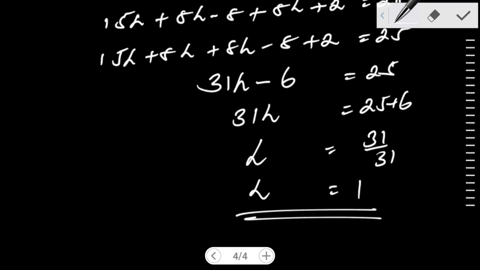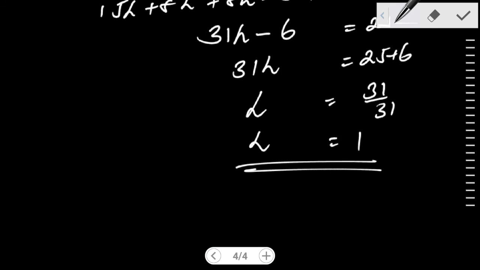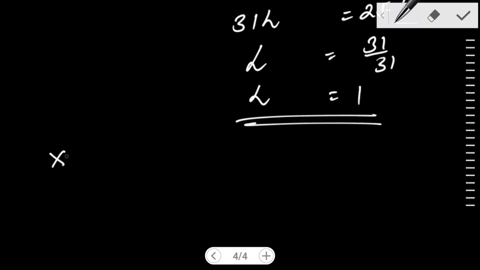Now, use this to find the values of x, y, and z. For x, which was equal to 5 lambda, x would be equal to 5.